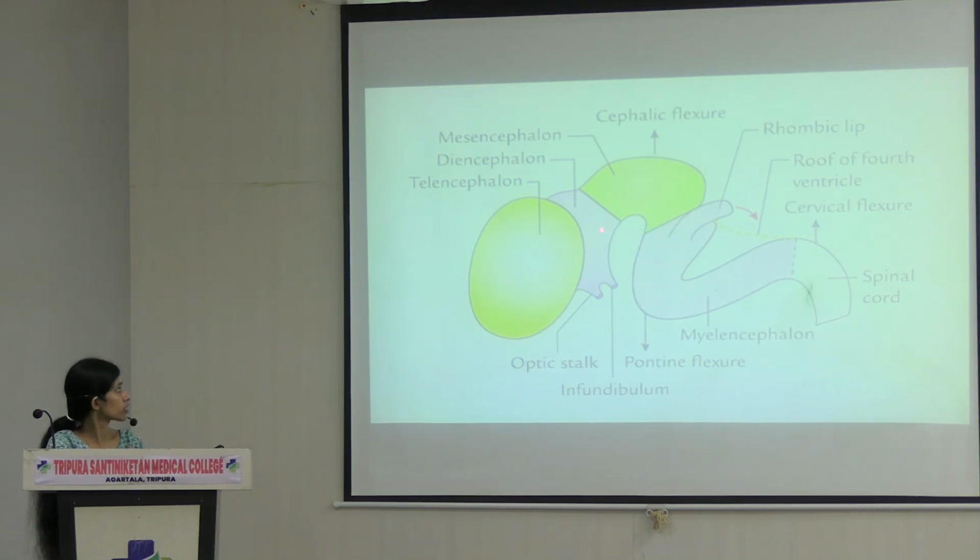Beneath the telencephalon, we can see a very small diencephalon part. So basically, beneath your cerebral hemisphere, all your thalamus will be present. You will get to know once the gross anatomy of the brain starts. Any doubts on this diagram?